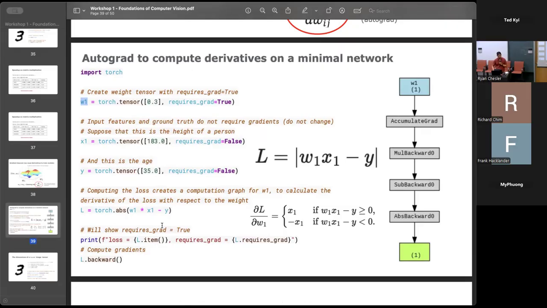Yeah. So it's going to keep track of all of the operations that were applied to that tensor. And if we look on the right hand side, this is saying, okay, we have weight one, we're doing some multiplication, we're doing some subtraction, we're doing the absolute value. So we can see the path that the weight one went through.